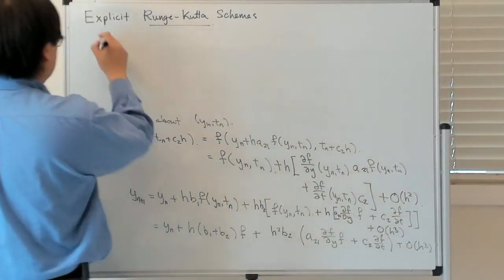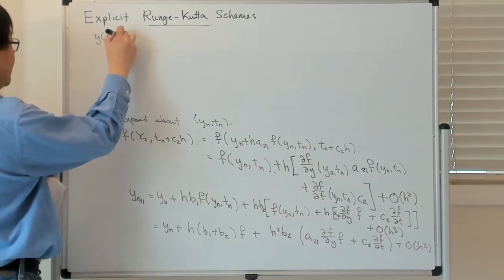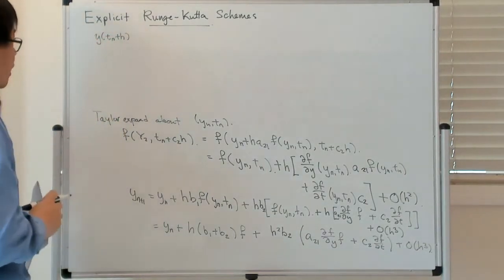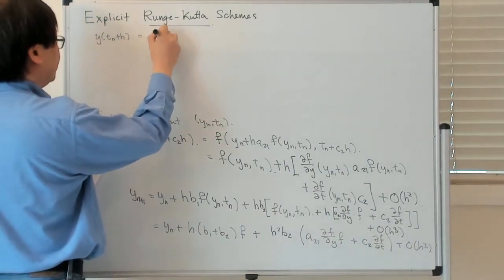Okay, so you know that y at t_n plus h can be written as a Taylor expansion about t_n.